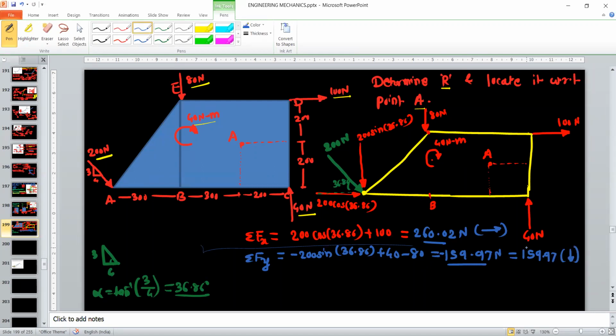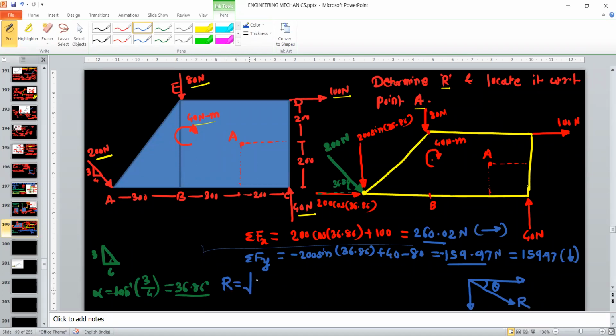From this we can locate the quadrant of the resultant. The resultant is in the fourth quadrant, like this. This is the resultant and this is angle theta. Now calculate the resultant magnitude.